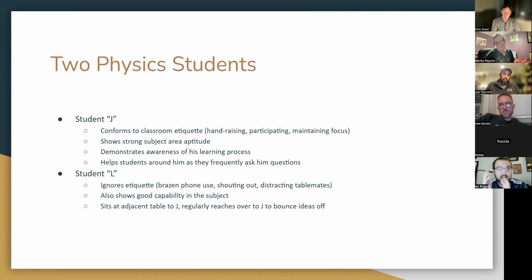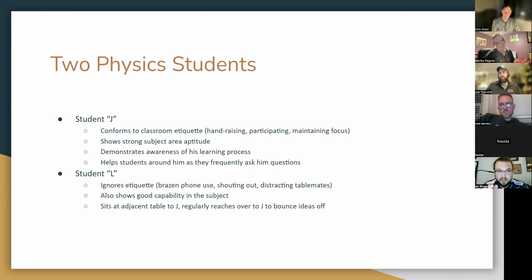But the thing is, he is good at the class as well. So, I'll try to speed this up. He's doing the work, but he's also goofing off to show off for his table mates. He's kind of the leader, kind of the clown of that table. So it's a very unique, interesting dynamic.